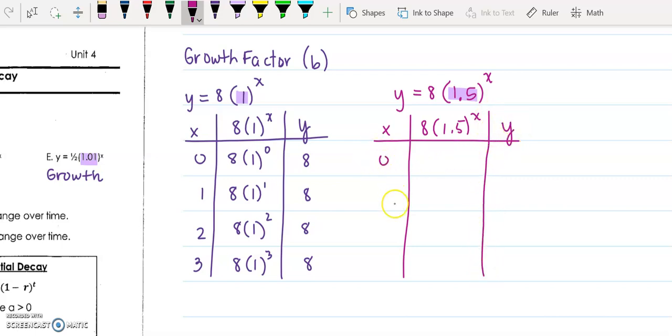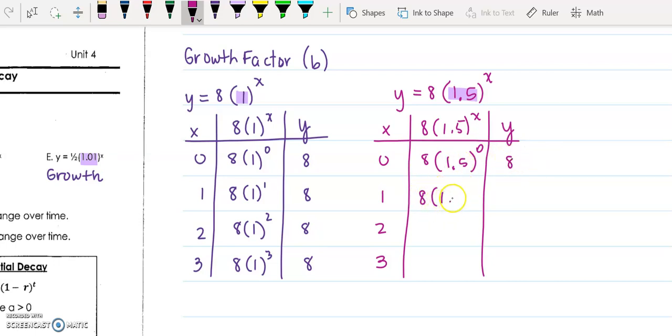So I'm going to substitute the same values. 8 times 1.5 to the 0 power. So anything to the 0 power equals 1. So 8 times 1 is 8.